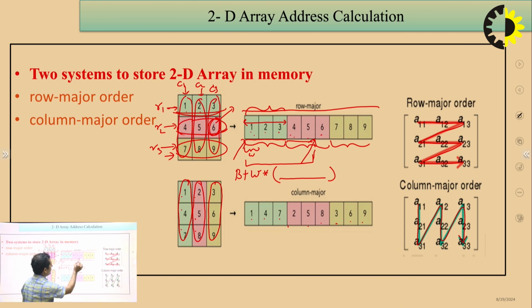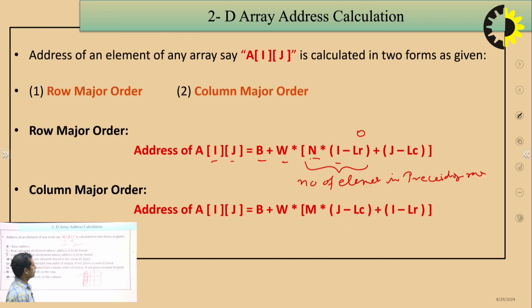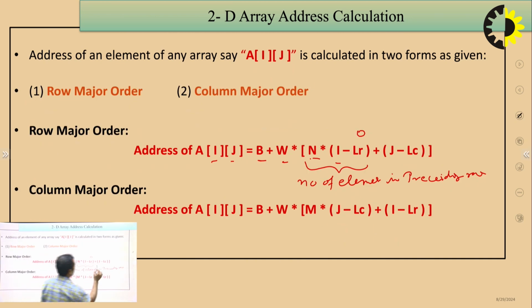If you want to calculate the address of this, we do it by calculating the number of elements in the row. Now how to calculate this? It is simply j. If LC is 0, then for the simplest case, plus j means this one, j, the number of elements, if this is the start.